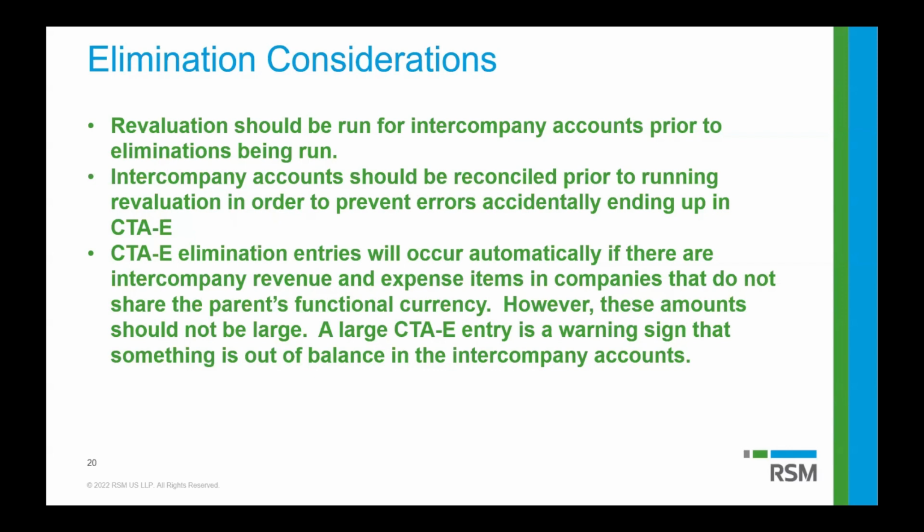So when you check your intercompanies prior to running reval, check them in the currencies that the transactions were done in and make sure that the balances balance on a currency by currency basis, particularly if you have due tos and due froms, where there are transactions in multiple currencies. Otherwise, they will not balance appropriately.